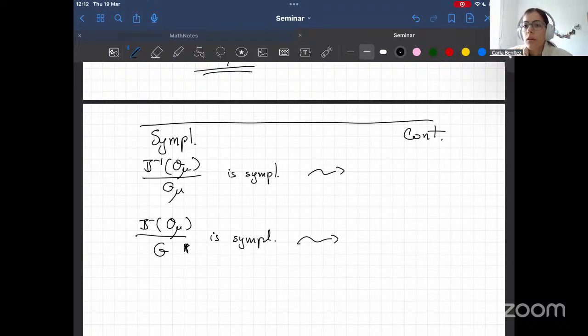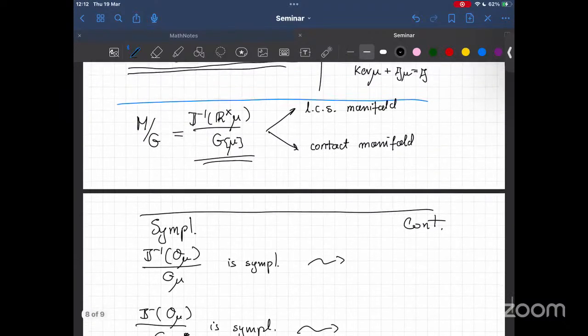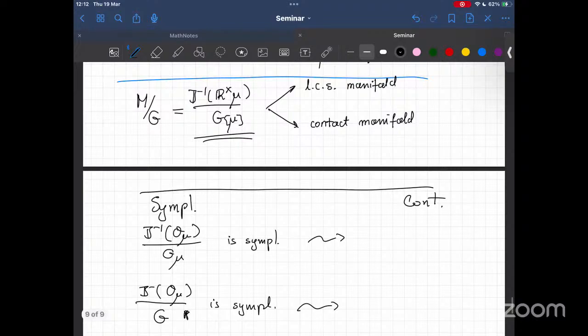I have a comment. It's related with this last approach that Bartosz mentioned. There is an idea related with some Lichnerowicz papers.